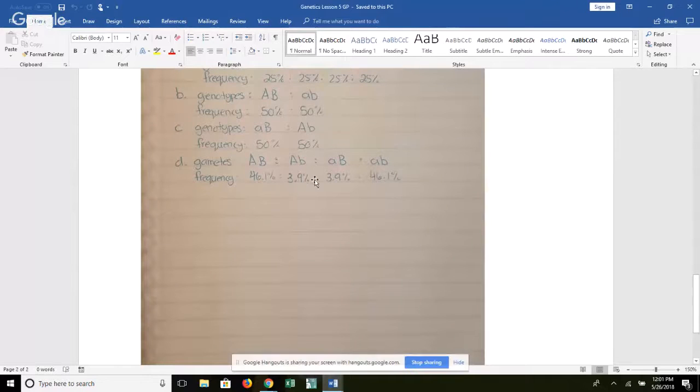So I pretended like the two heterozygotes happen 7.8% of the time, but I have to divide it by 2, so I did 3.9% for each. And then I did 100 minus 7.8 and divided by 2 for the two homozygous, or 2 dominant and 2 recessive, and I got 46.1 and 46.1. And that's how I did the genetics problems for this week.